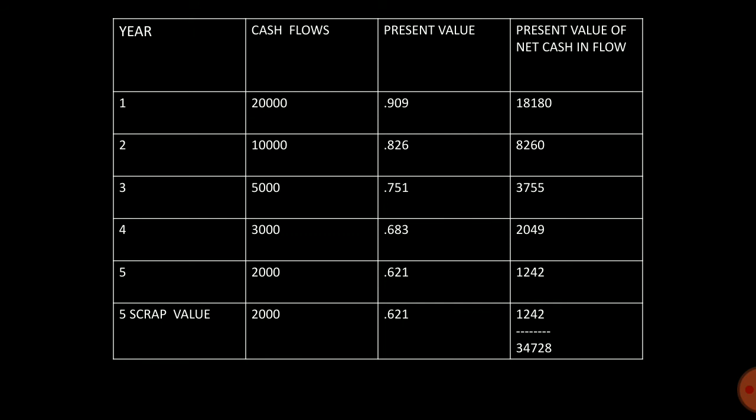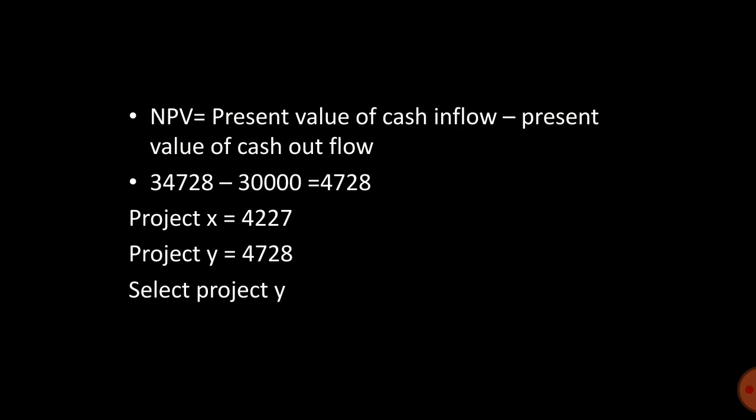Then fourth year 2,049, fifth year 1,242, and fifth year same amount, that is 2,000 into 0.621, that is 1,242, and the sum total of present value is 34,728. So present value of cash inflow is 34,728.